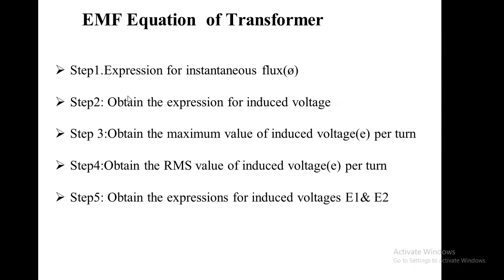According to Faraday's law of electromagnetic induction, we will calculate the maximum value of induced EMF per turn. Then in the fourth step we will obtain the RMS value of induced voltage per turn, and in the fifth step we will obtain the expression for induced voltages, that is E1 and E2. So step by step we will study how to derive the EMF equation.